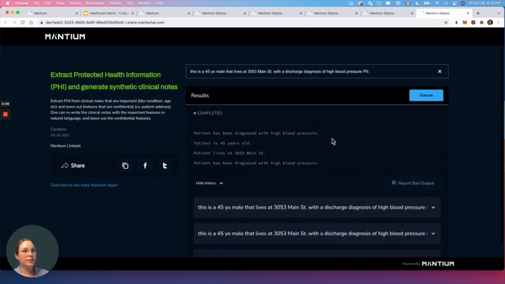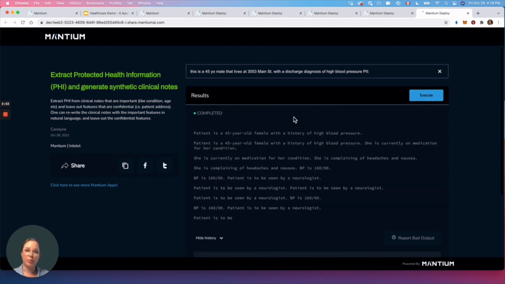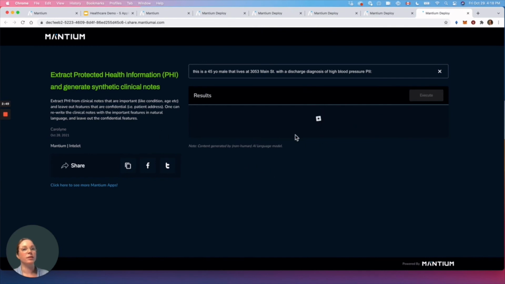And all of these outputs are saved in Mantium in the log feature. And whoever I share this application with, I'll also be able to see the outputs of this application.